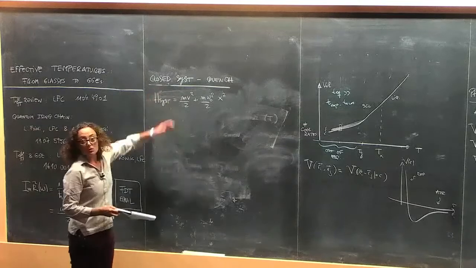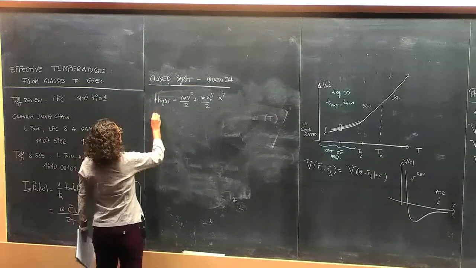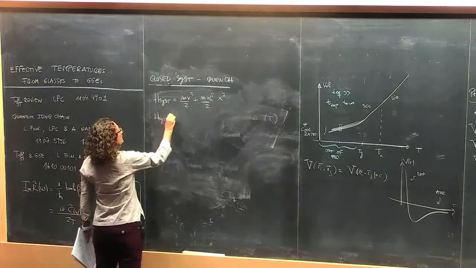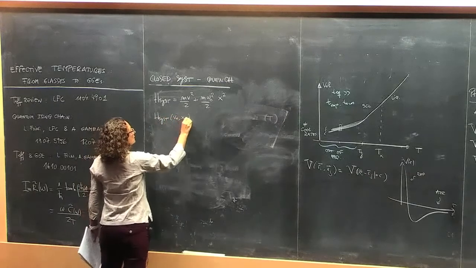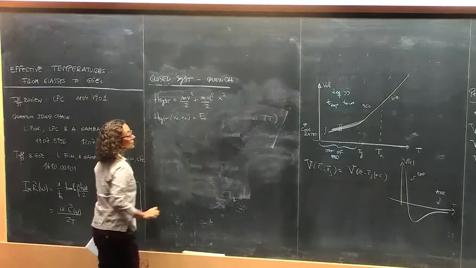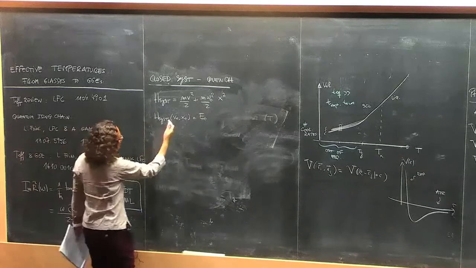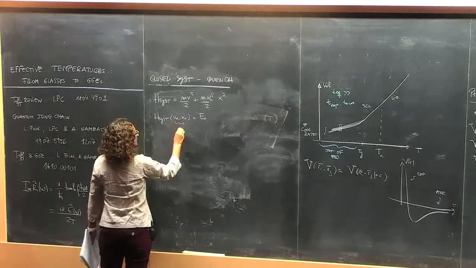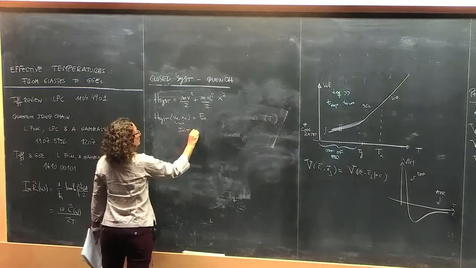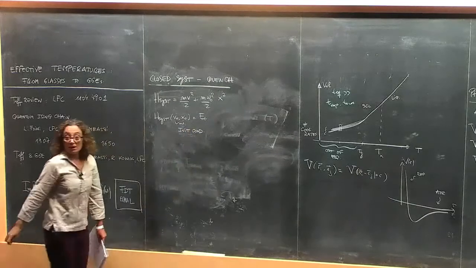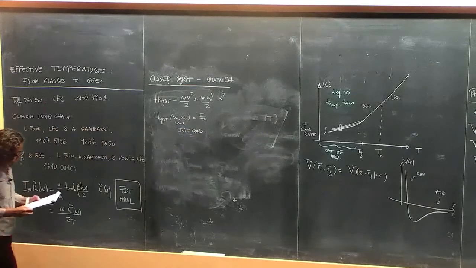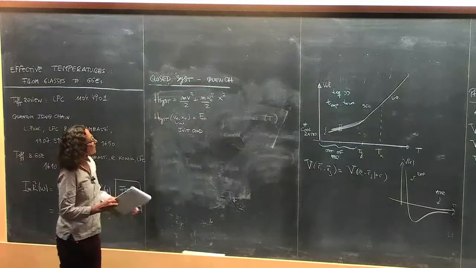Now, if the system is closed, energy is conserved, so the value of the energy evaluated at the initial conditions is a constant. Now, I can look at this problem.